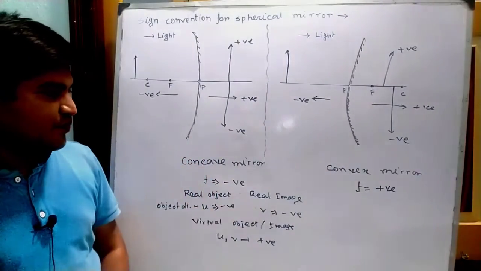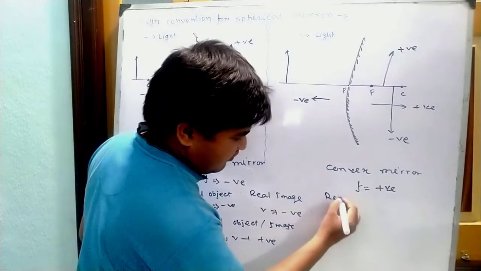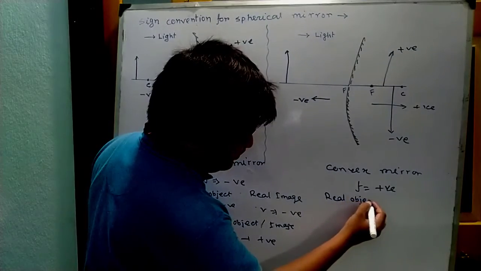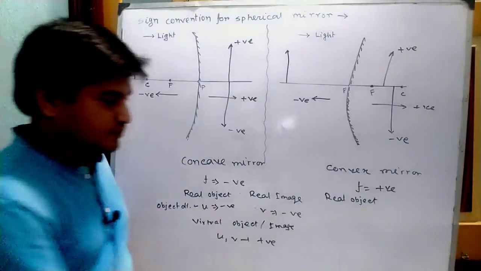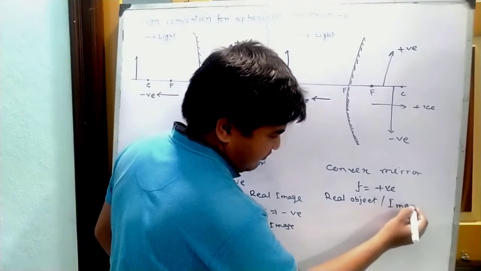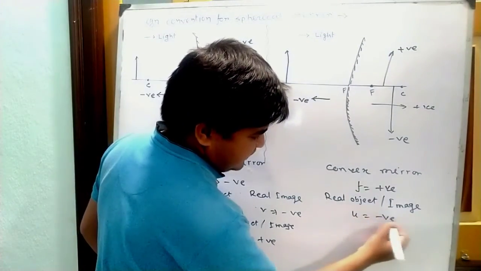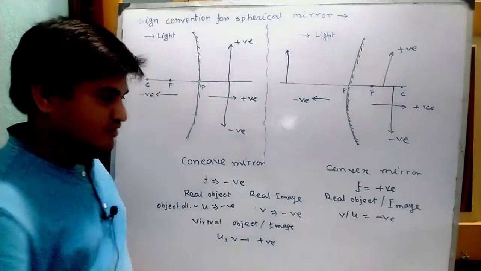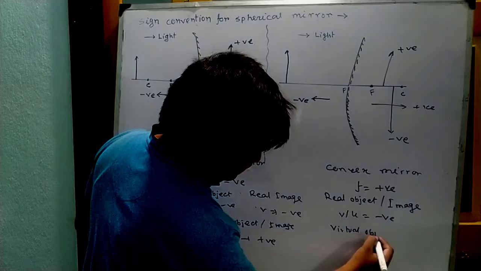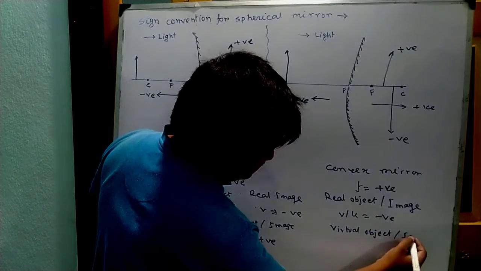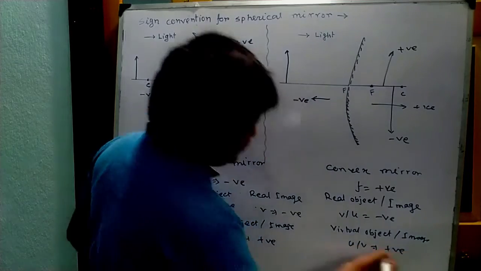And in case of convex mirror, f is always positive, and for real object or for real image, u is negative, also v is negative. And in case of virtual object or image, u or v is positive.